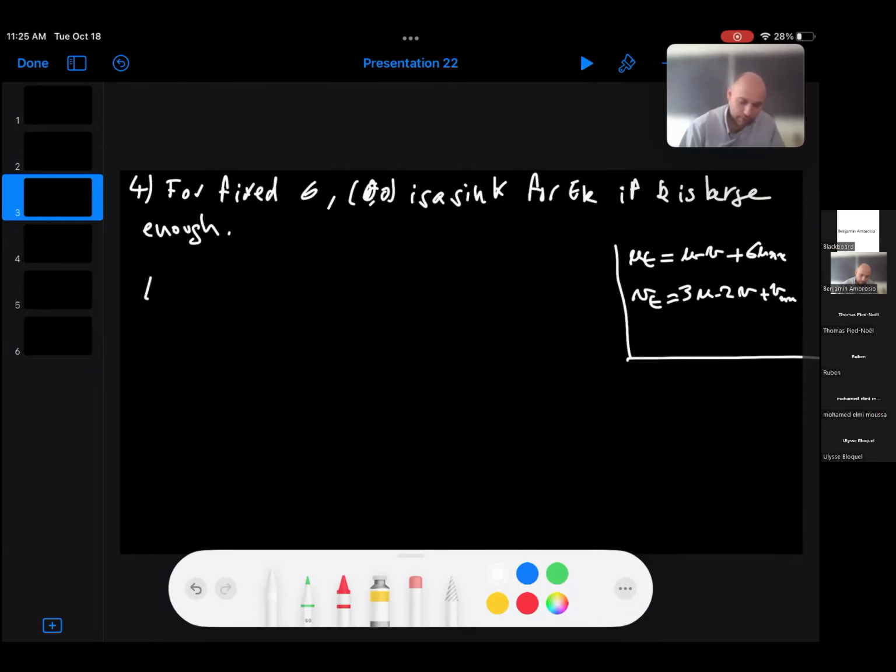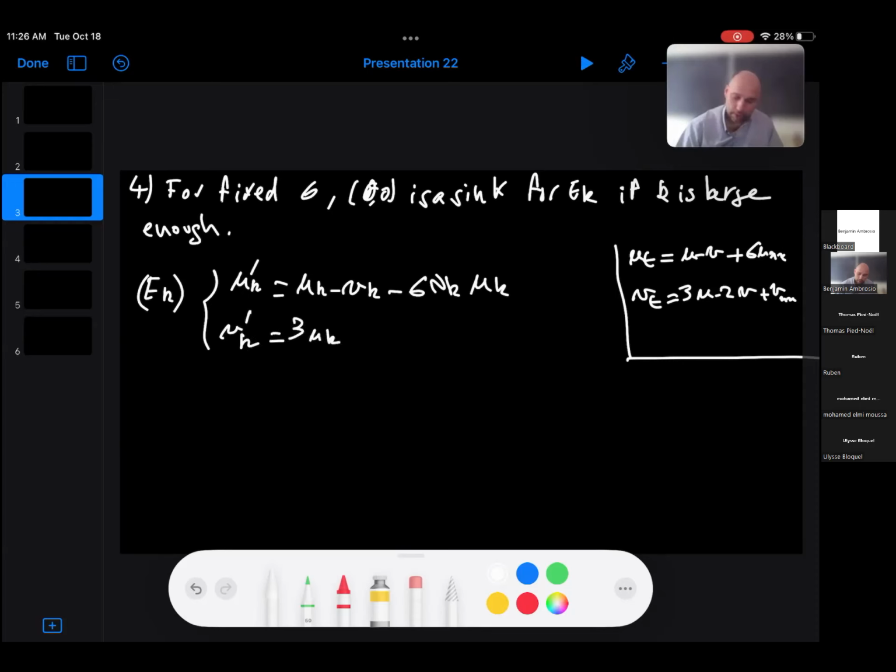So our system Ek writes uk prime equals uk minus vk minus sigma lambda k uk. This is for the first equation, and for the second equation, I have vk prime equals 3 uk minus 2 vk minus lambda k vk.